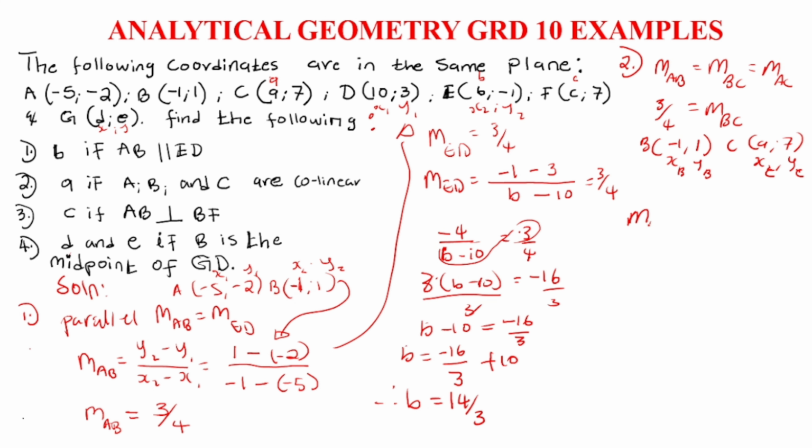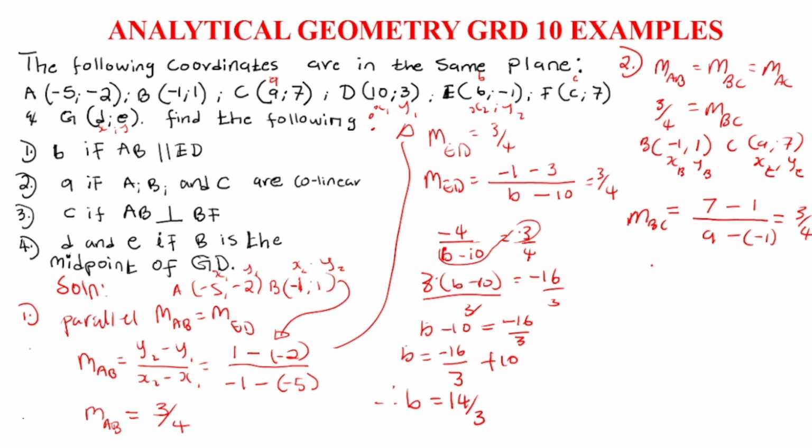We're going to say the gradient of BC should be equal to, we're going to substitute, y here is going to be 7 minus 1 all over a, which is x there, minus minus 1, should be equal to 3 over 4 as well. Okay, great stuff.